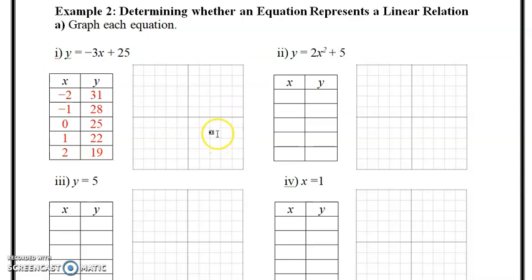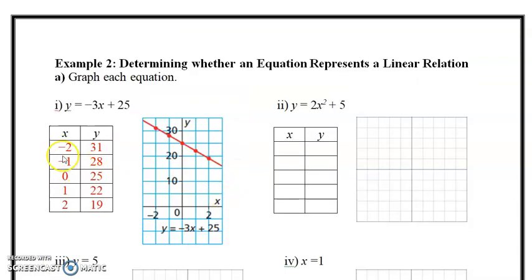To graph that, I've provided you with some graphs, and I'll do those with you in class. But for now, I'm just going to get the graph from the textbook for you. So I showed via a table of values how you determine whether it's linear or not. But graphing it, I plotted the points, and there it is.